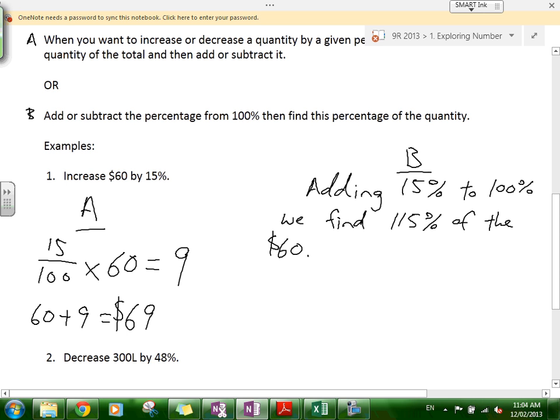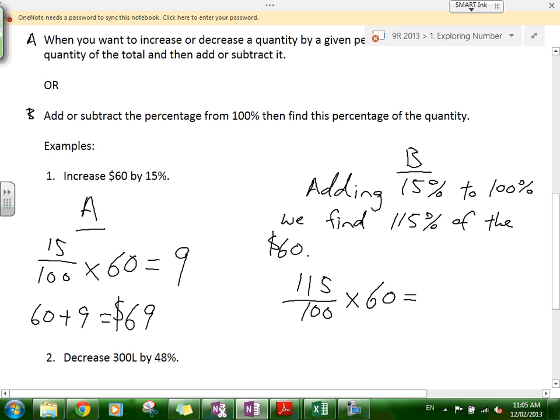So we do 115 over 100, percentage over 100, multiplied by the quantity, which is 60.